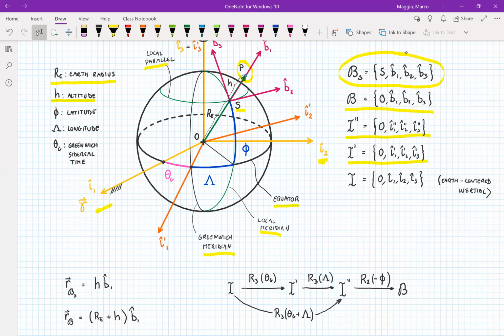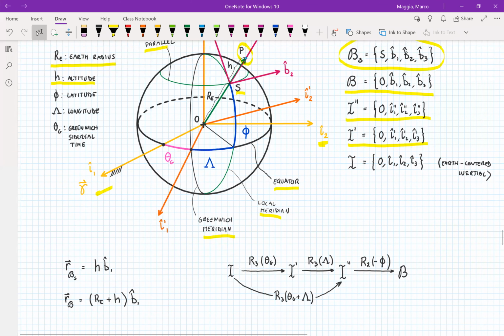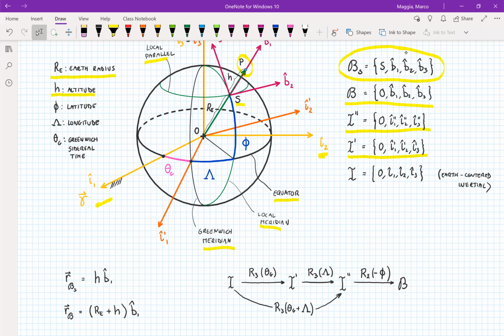So we're doing exactly the same thing that we've done for the previous case, but it's a little bit more complicated. The only thing that I want to point out is how we go from the inertial frame of reference I to the body frame of reference in terms of rotation.